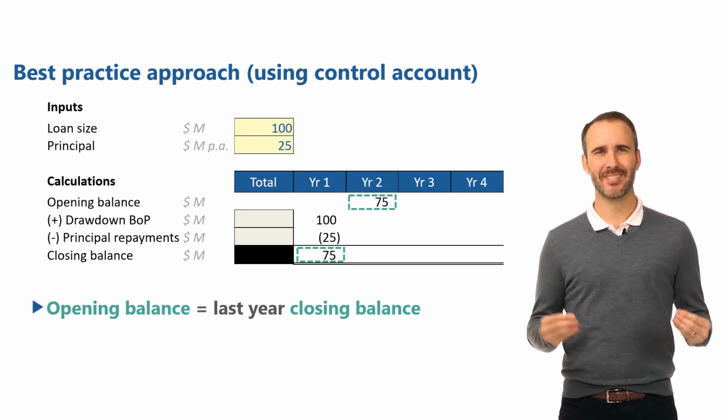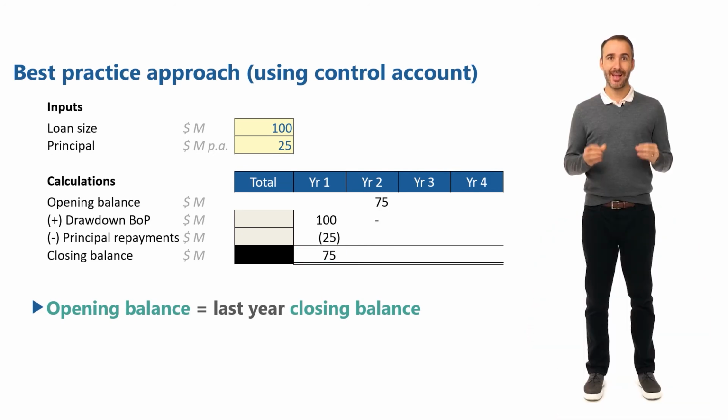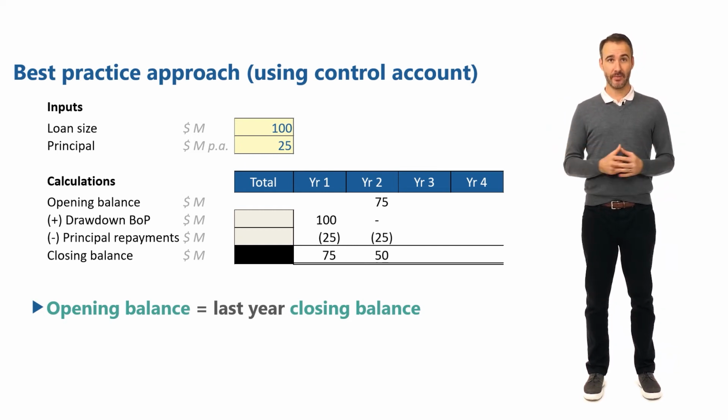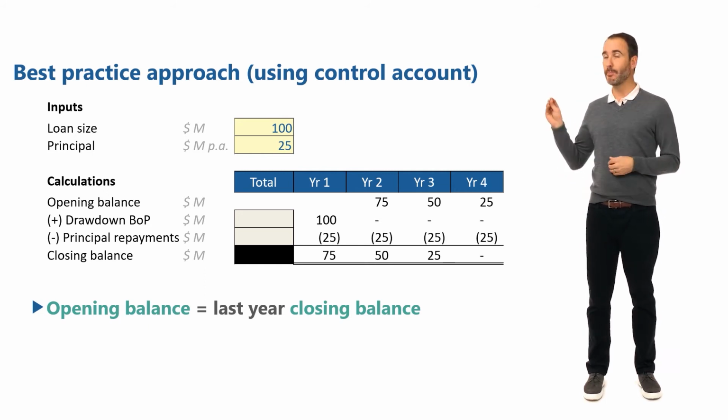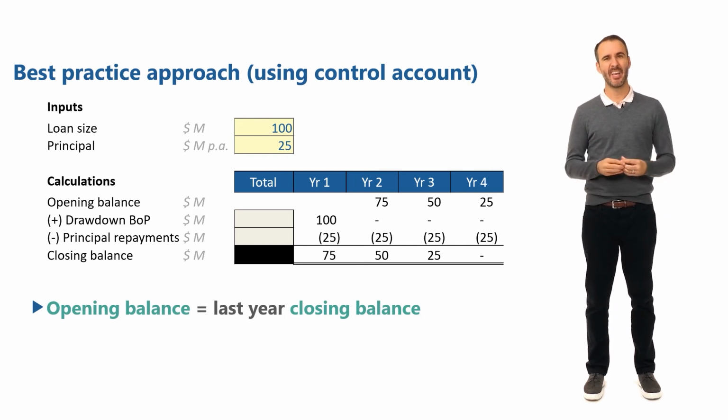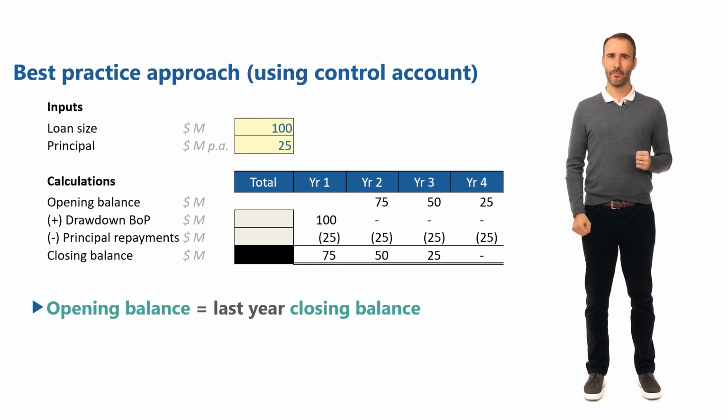Nothing's changed in that 1 second. So I drew this loan in year 1, and I repay another 25 million in year 2 to reduce my balance to 50 million. As calculations must be consistent across the row, I copy and paste the calculations across to year 3 and 4, and we see the loan pays down, as expected, to 0 at the end of year 4. I'm not quite done though.